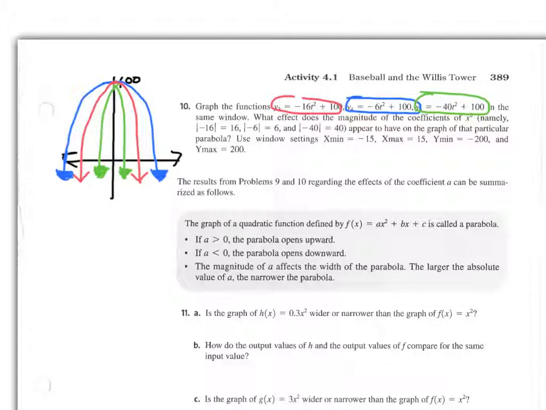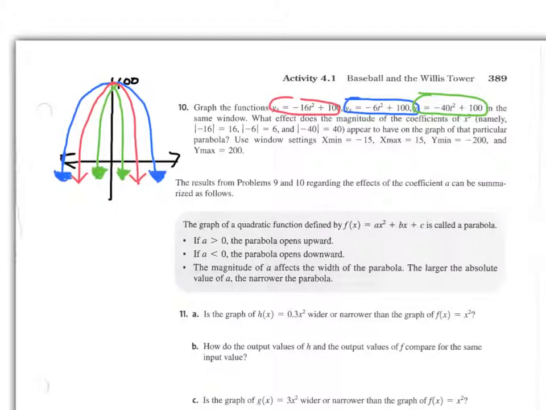I want you to sketch each of these on your calculator and see what happens. So the blue one ends up being the widest of the three, and then the red one, and then the green. As we look at the magnitude of the number, not the sign, but the actual magnitude of that a, as it gets bigger and bigger, the graph gets more narrow.